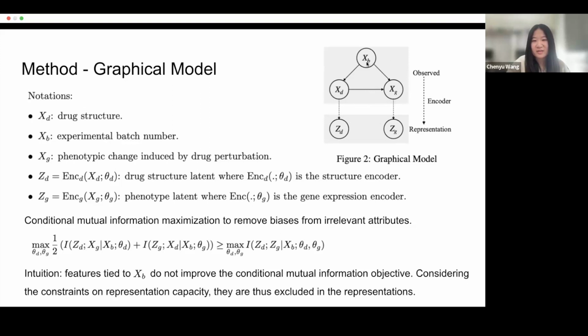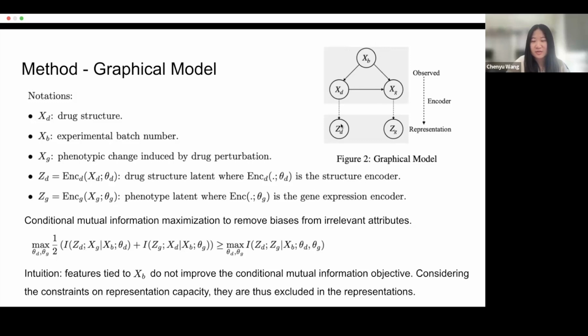And XB is the experimental batch number. As I described previously, this edge from XB to XG reflects the normal batch effect. However, this edge from XB to XD reflects the non-random batch assignment and makes this batch number XB a confounder between the 2 data modalities.